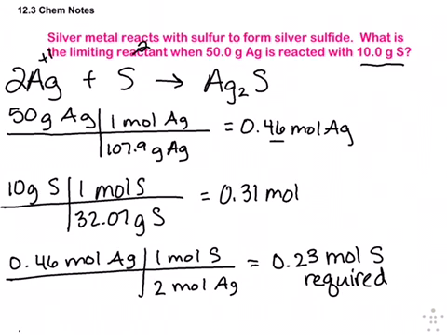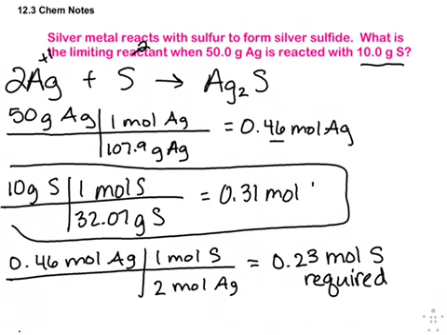So then you look back at your moles of sulfur, and you see that 0.31 is greater than 0.23. That means that there are 0.31 moles of sulfur present in the reaction in 10 grams, because it's telling you you have 10 grams.